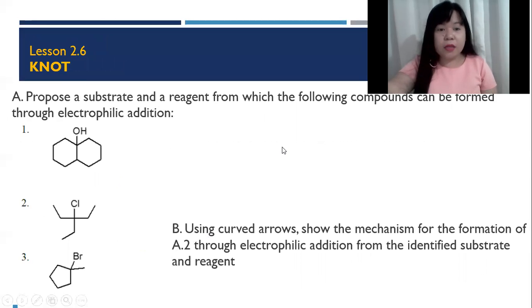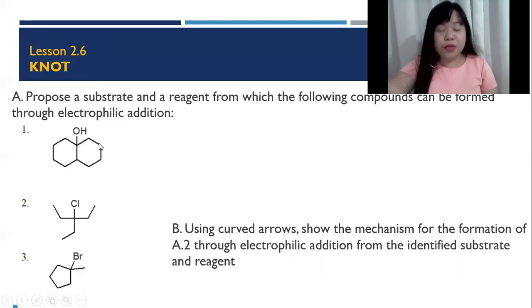Next, for the next part, propose a substrate and a reagent from which the following compounds can be formed through electrophilic addition. So here, you can actually choose to start with a substrate with a double bond here or there or there, right?